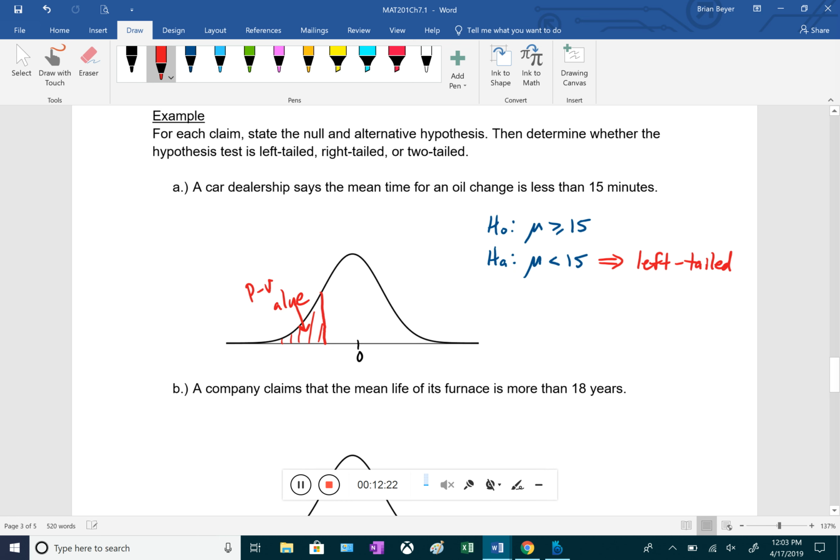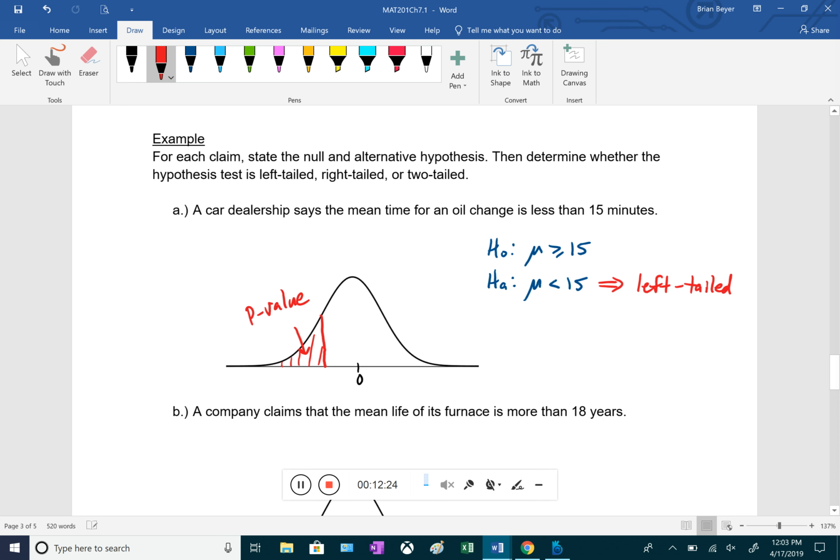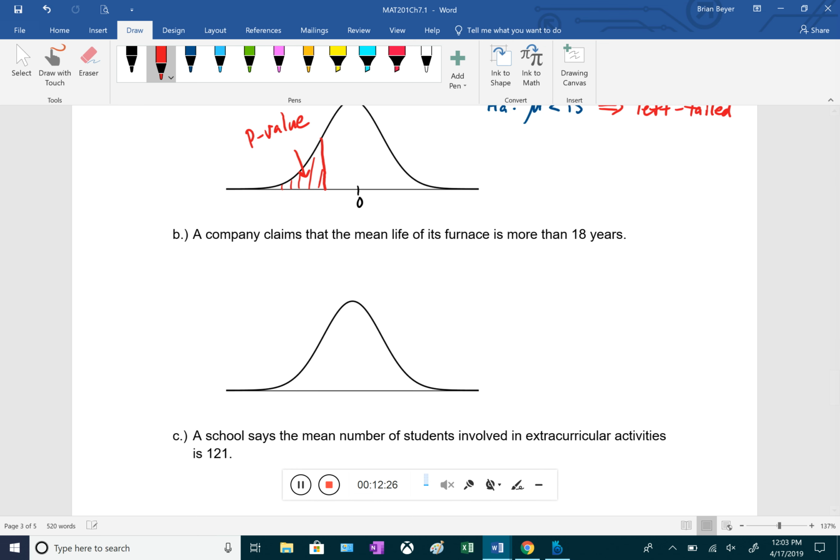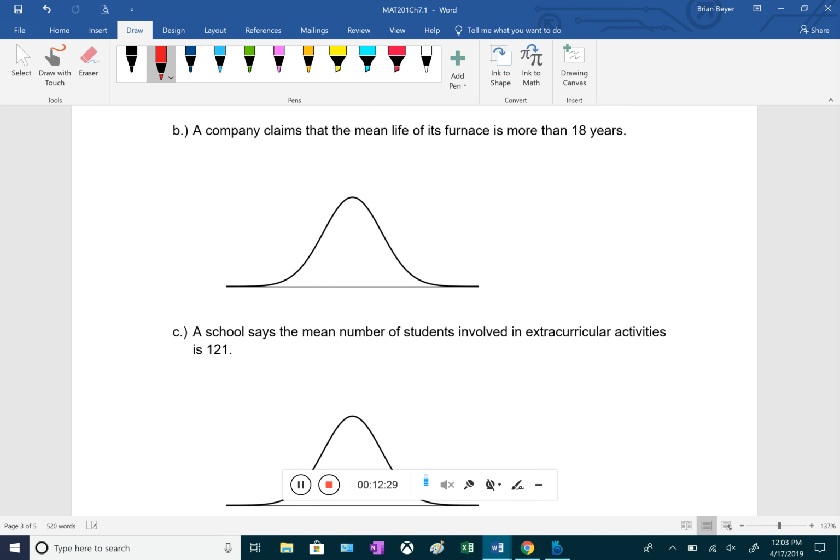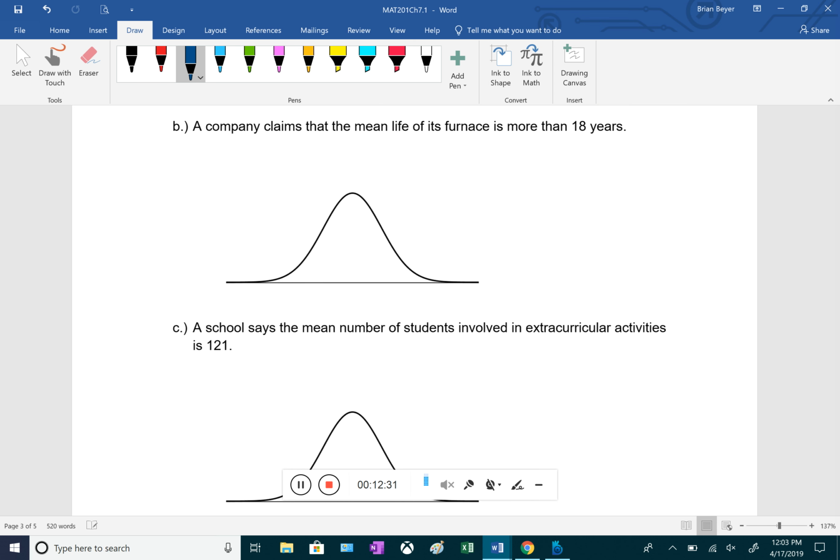Okay, and then for the next one, a company claims that the mean life of its furnace is more than 18 years. So we said that the alternative was the claim in the question is mu greater than 18, which makes the null mu less than or equal to 18.